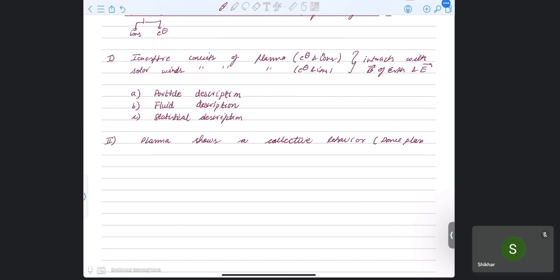However, for a low density plasma, low density meaning the number of particles, ions and electrons, is not very high per unit volume, the collective behavior, where you treat the entire ions and electrons as one entity, is not very important or not at all important.